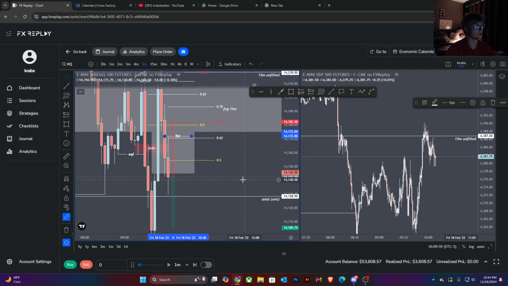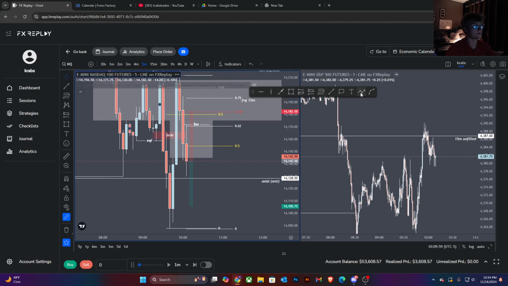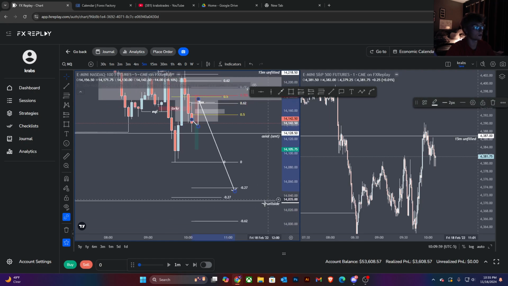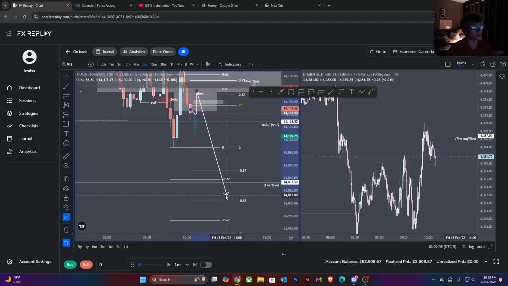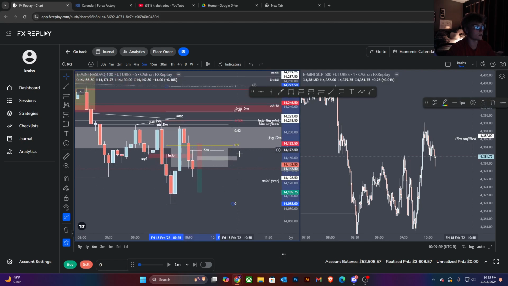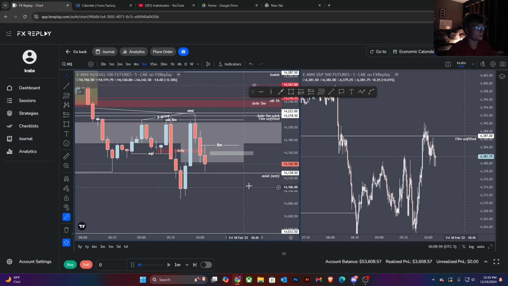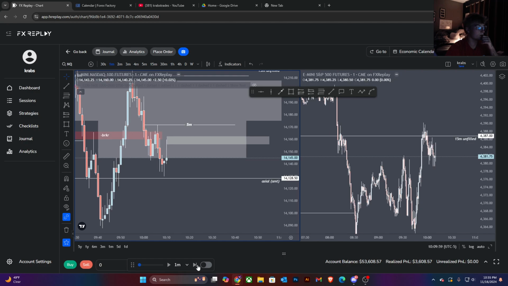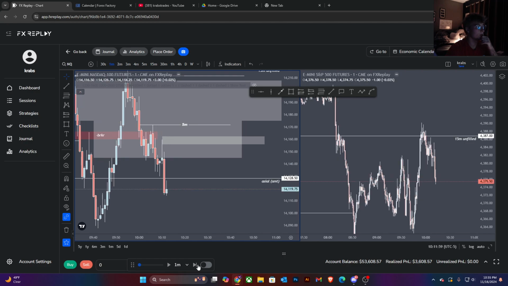So what I want to see is this 5 minute inverse, have us run higher, tap into this 5 minute unfilled fair value gap, and then get a 1 minute or like a lower time frame inverse for short down to this daily sell side. So yeah, that's what I want to see right now. So let's see if we can get that. Also, if that would be a SMT, that would be really good.